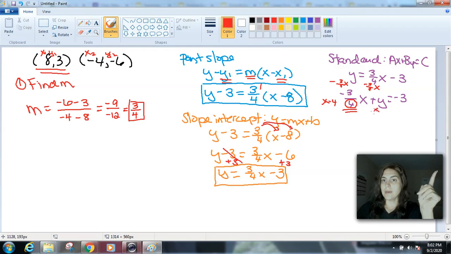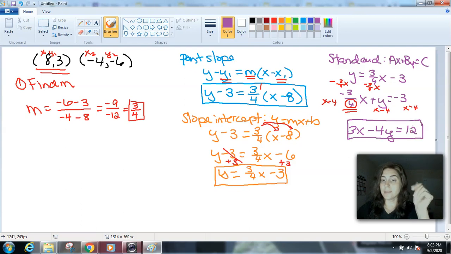That will also get rid of that negative sign there. Make sure you multiply every single term by that, so don't skip the y in the middle. -4 times the -3/4 is going to be a +3. Positive y times the -4 is a -4y. -3 times the -4 is a +12. And there's my standard form.